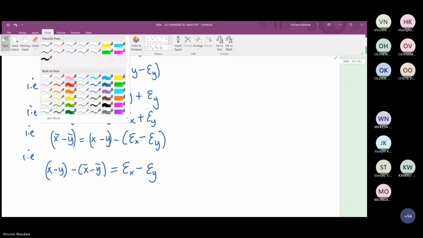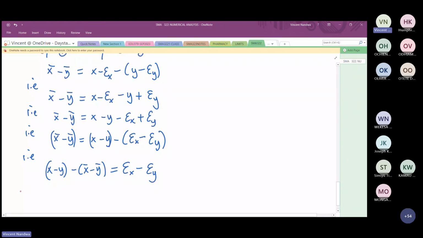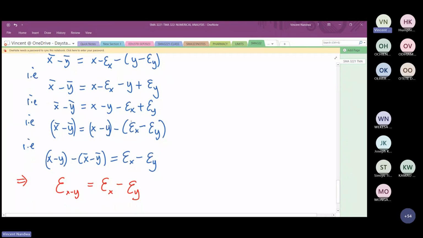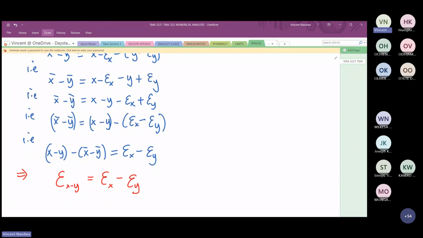So, which means then, this is the exact difference, this is the approximate difference. So I can as well write this one as error in x minus y is error in x minus error in y. But I have to give a disclaimer here.